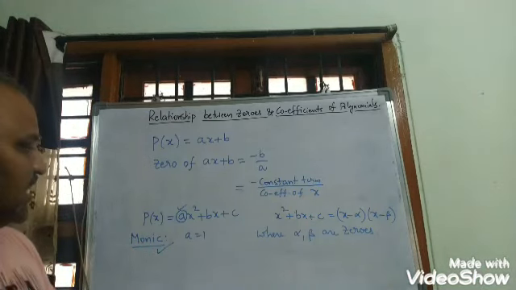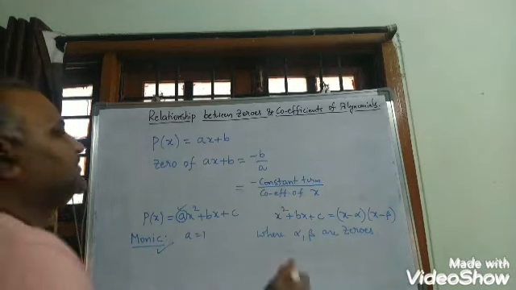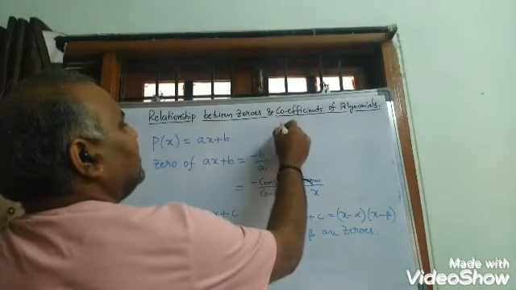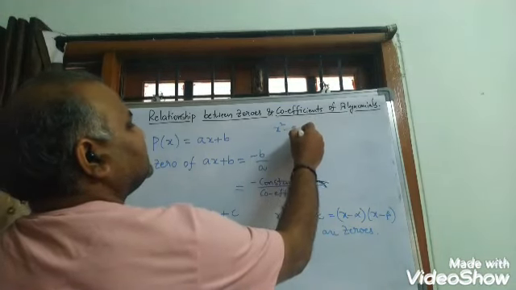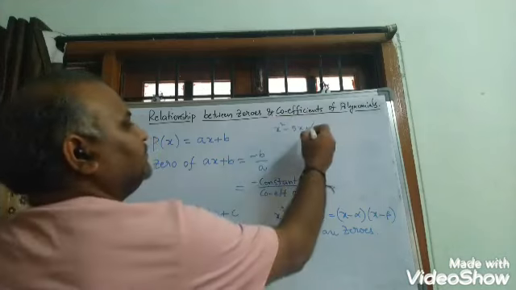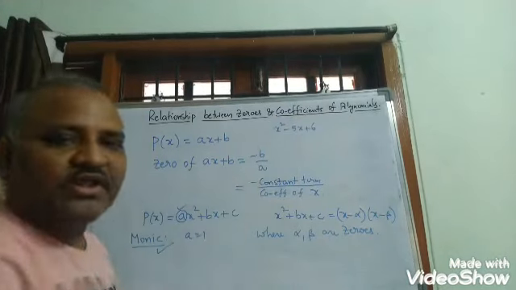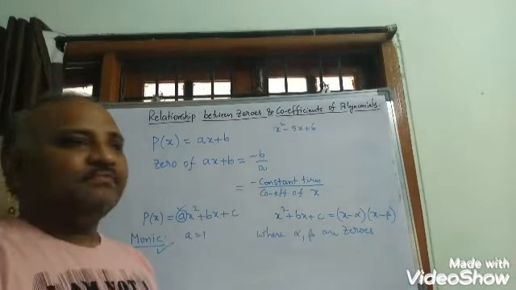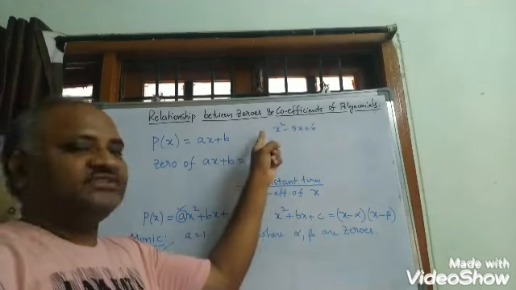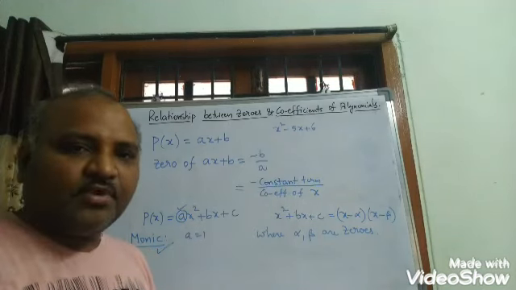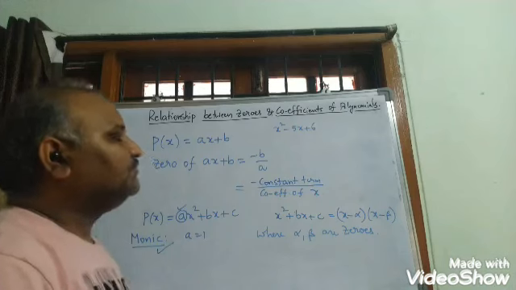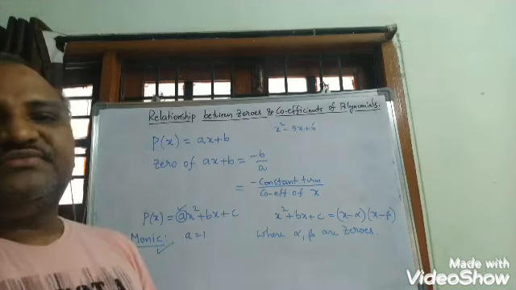Let us see with a small example. Suppose we have x square minus 5x plus 6. Is this a monic polynomial? Yes, it is, because the coefficient of x square is 1. So this is a monic polynomial. And here, what are the zeros of this polynomial?